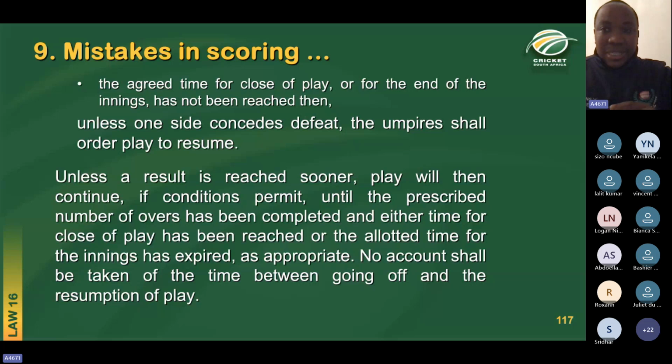Okay, so basically we need to ensure that the correct result is achieved. If we come off the field and the scorers tell us they made a mistake, we double check with them what the mistake was and what we need to go back onto the field to achieve.